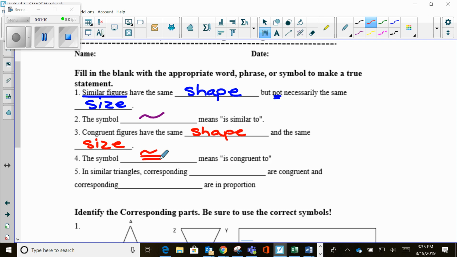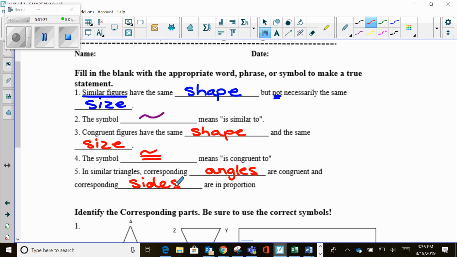A similar triangle has corresponding angles that are congruent and corresponding sides are in proportion.